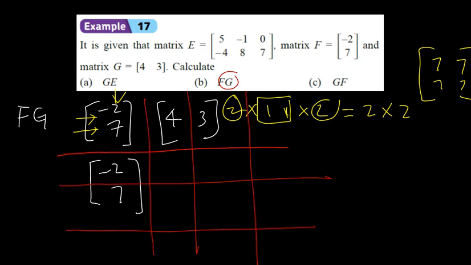So the first one is -2 times 4. That's it, only one set. Okay, then -2 times 3.